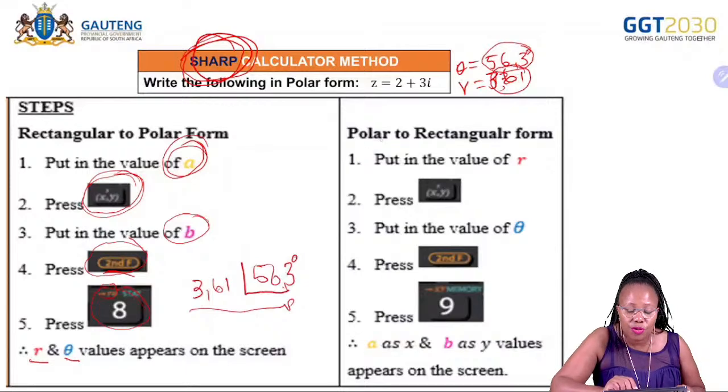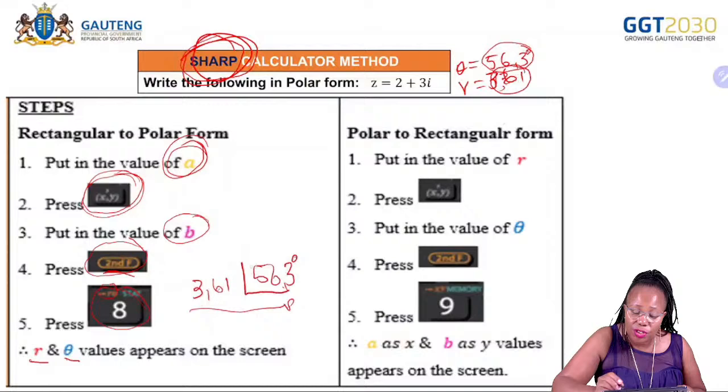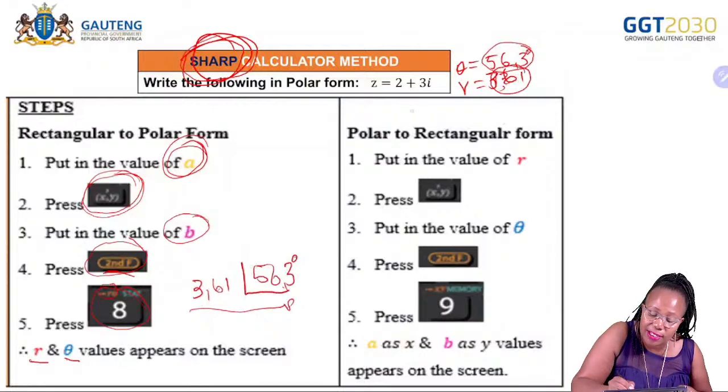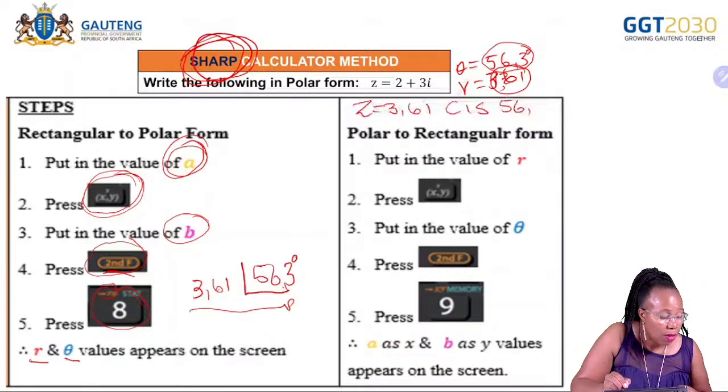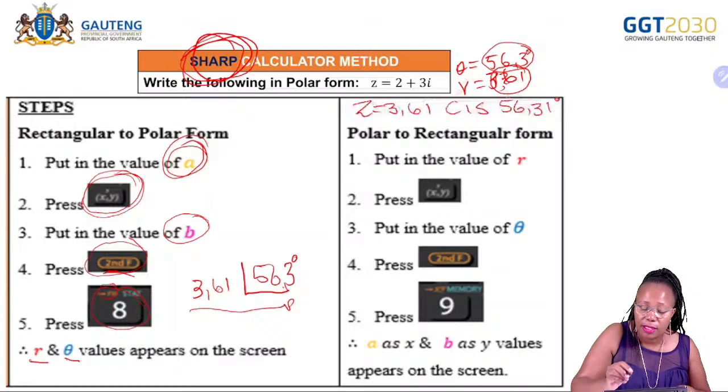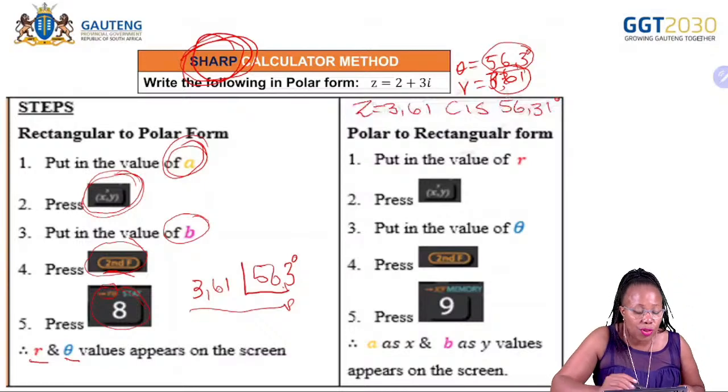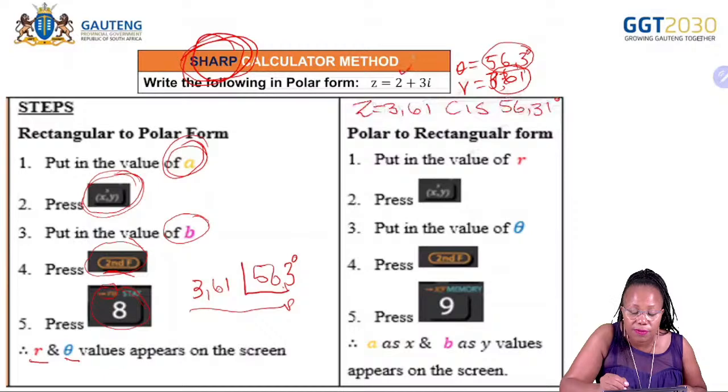So now we want to move from polar to rectangular. Now we have this notation. Now let's say we are given that Z is equal to 3,61, and say the angle is 56,31 degrees. Then you want to take this back to its rectangular form, to this form.